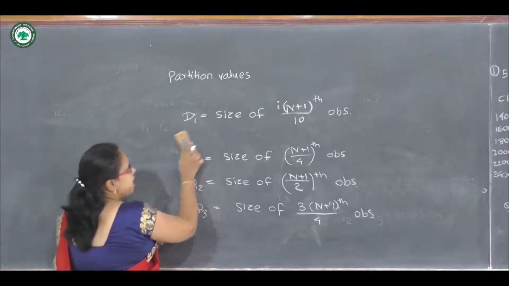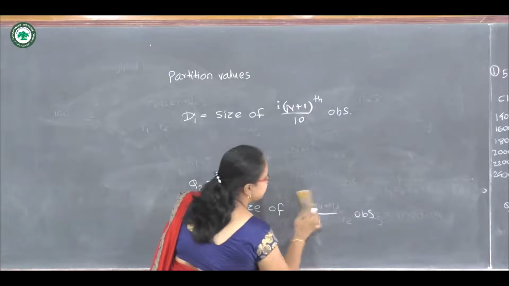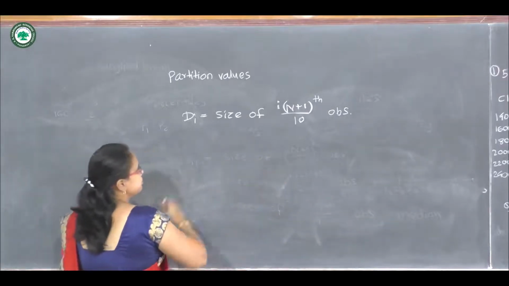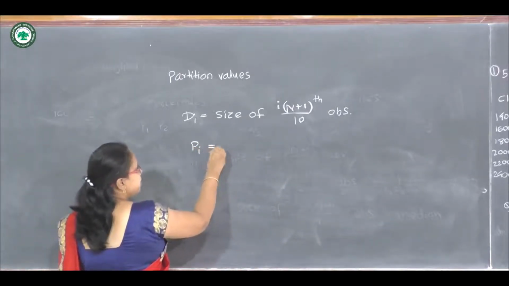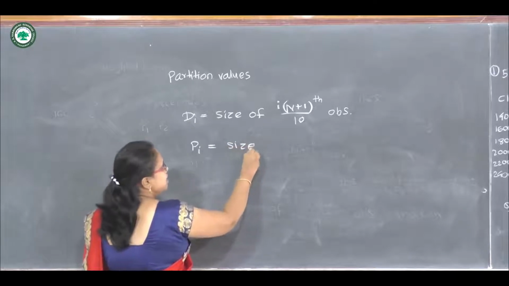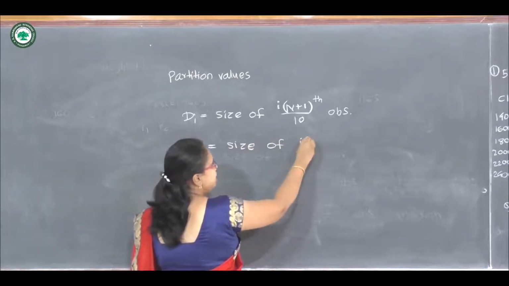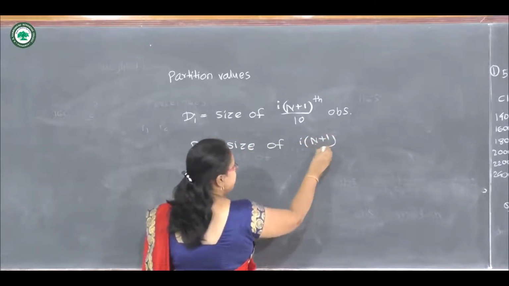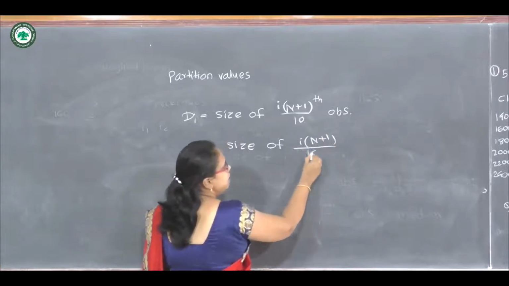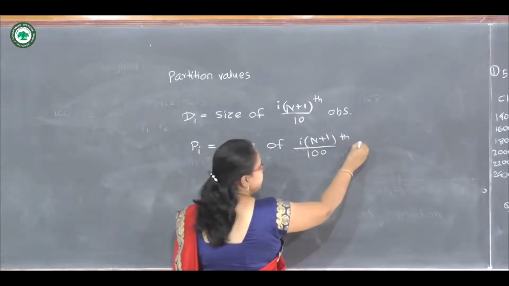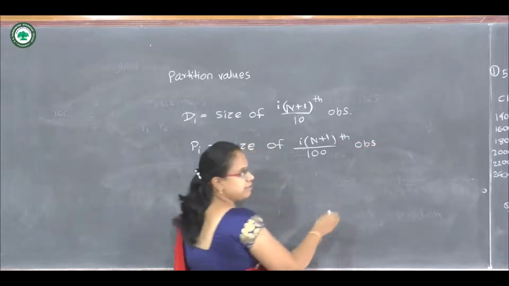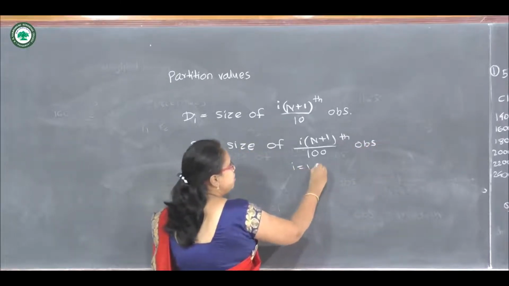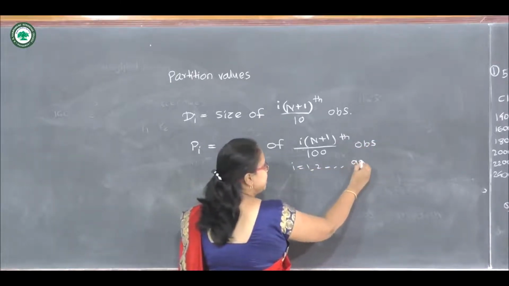Similarly, we can write this formula for percentiles. Pi can be calculated as the size of i into n plus 1 divided by 100th observation, and we can put i from 1 to 99.